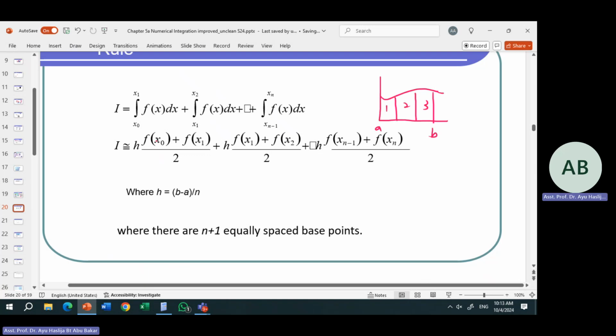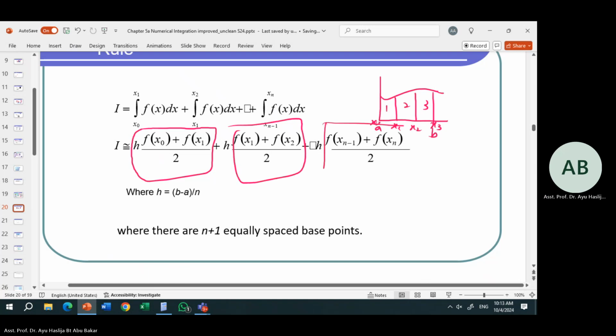So here you see x0, x1, x2, x3. This is the area for the first segment. For each segment, you need to sum up all the segments. H again should be found from this equation.